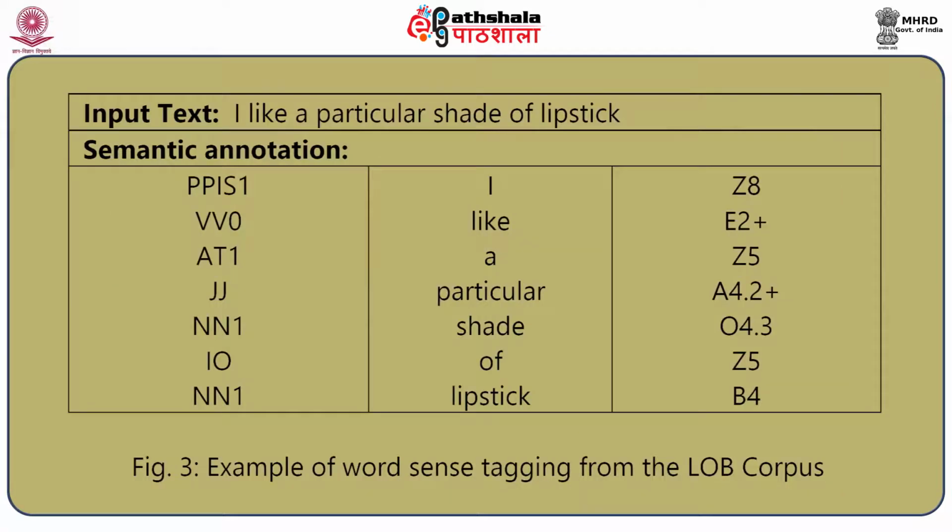So semantic annotation tries to identify whether the noun is a person. It also wants to identify that this is actually working as a subject in the sentence. Suppose I say, the car is running at high speed, or Delhi is 1000 kilometers away from Kolkata.